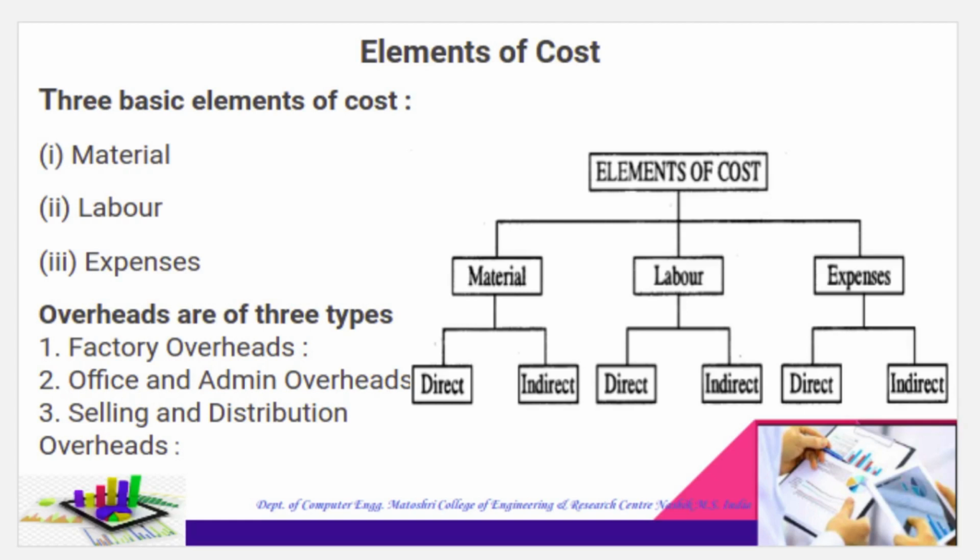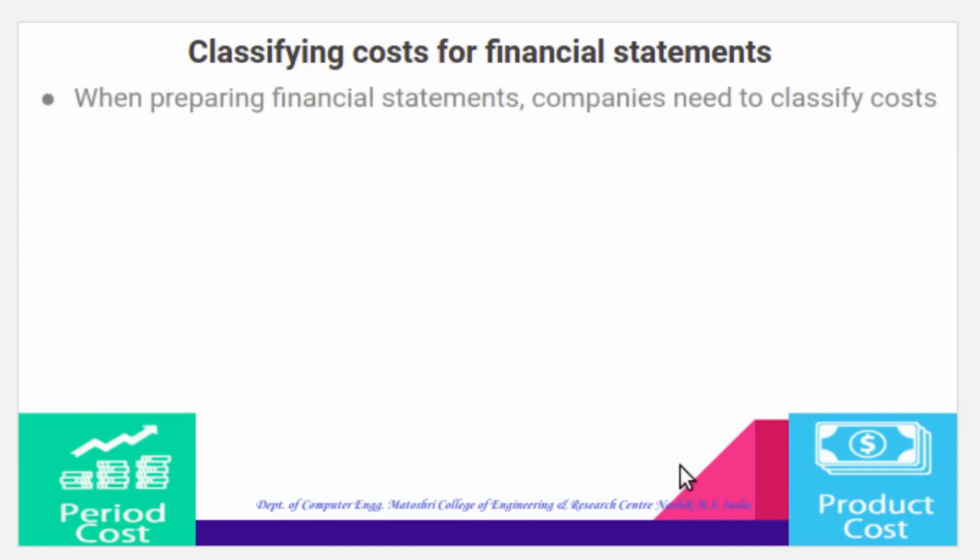Next, we will see classifying cost for financial statements. When preparing financial statements, companies need to classify costs such as matching cost, period cost, and product cost. As a general rule, costs are recognized as expenses on the income statement in the period that the benefit was derived from the cost. Let's see each of them one by one.